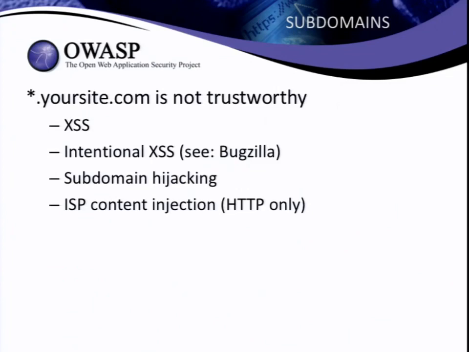Finally, even if all of your sites are secure and you're not using any third parties and there aren't any hanging CNAMEs, some consumer ISPs have this fantastic feature where if a user tries to do a DNS lookup to access a site and that site doesn't exist, they man in the middle the connection and they spoof a response and create a search page, generally full of adverts, which is why they're doing it.